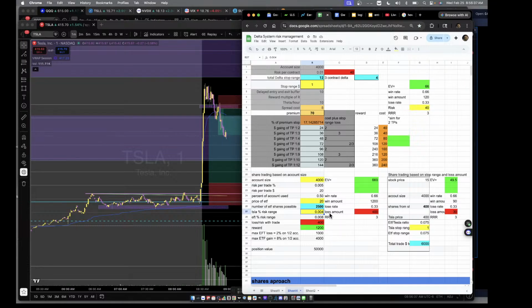Yeah, I have to change this to stop range. This is frustrating.